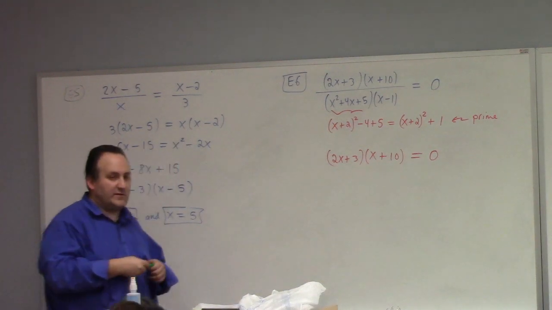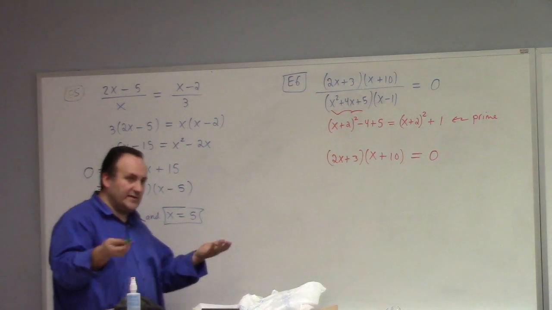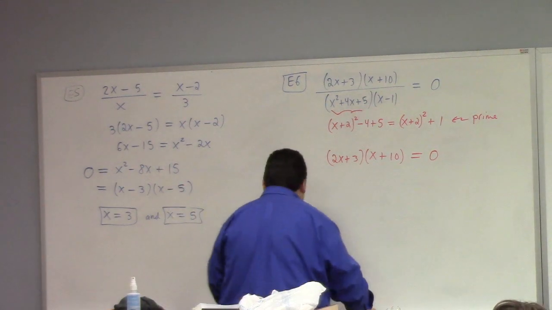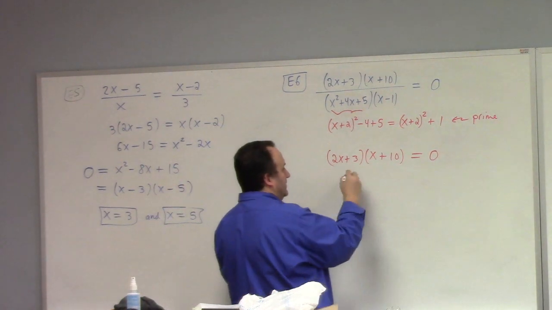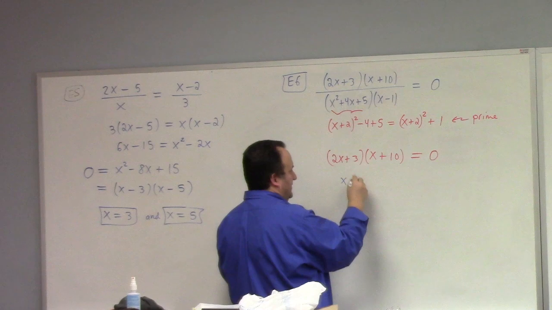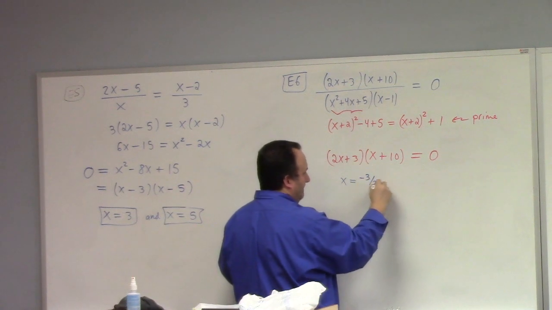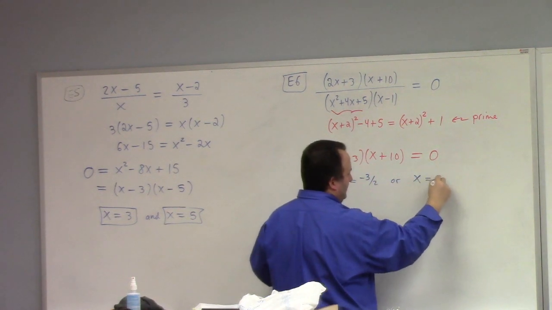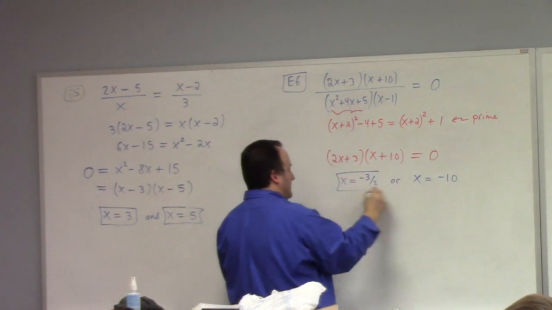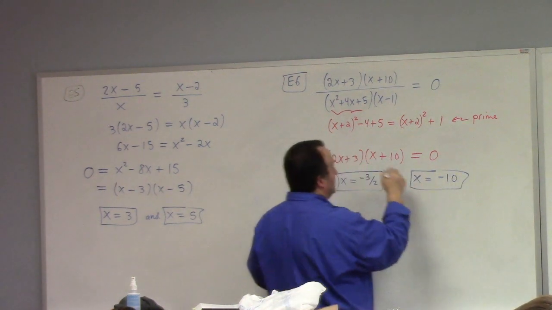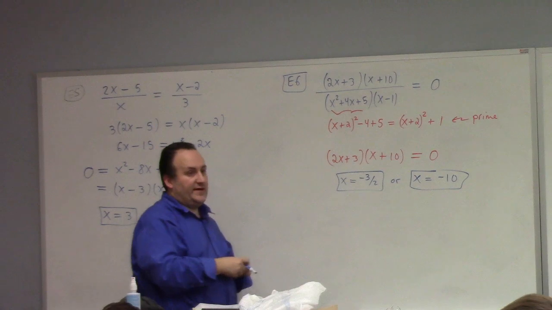We have to check the original equation at the end, to make sure we don't have an extraneous solution. And so this gives us either x is minus 3 halves, or x equals minus 10, right? And if you go back and try these solutions in the original problem, they're fine.